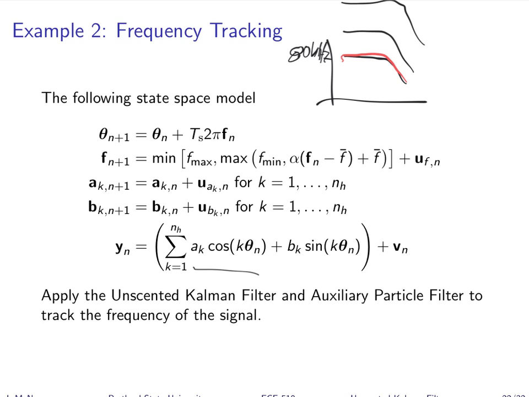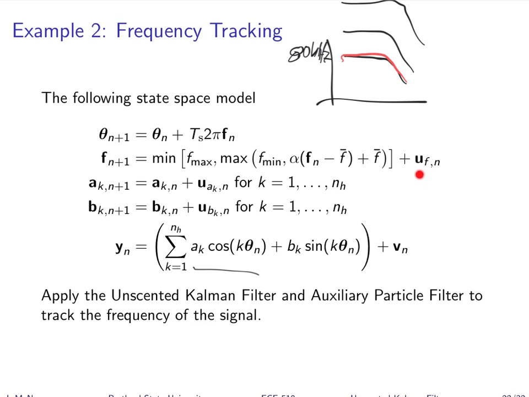And this is a relatively rudimentary way of doing it, where I simply incorporated it into the process model, which isn't quite right, because I'm adding the noise after the nonlinearity because I'm using the Unscented Kalman filter. If I had a particle filter, I could bring that inside, so that this limit would be strictly enforced.